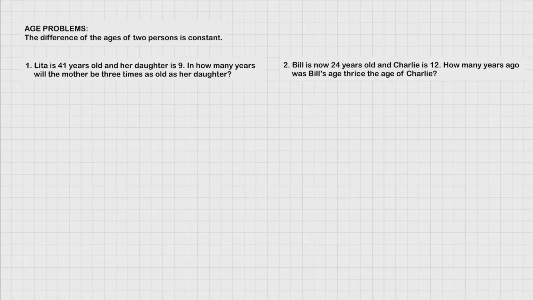Alright, so the last type of word problem that we will discuss in this video would be age problems. This type of problem is usually related to ages of two persons. You would often encounter words like "ago," which would mean previous years.